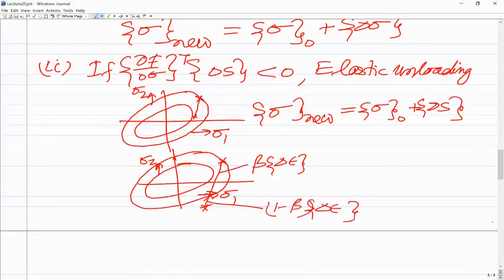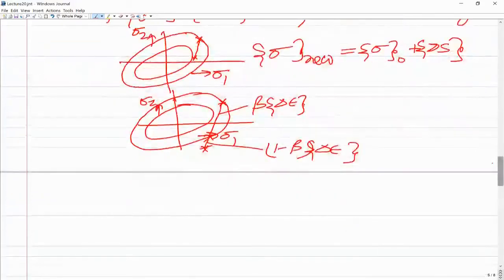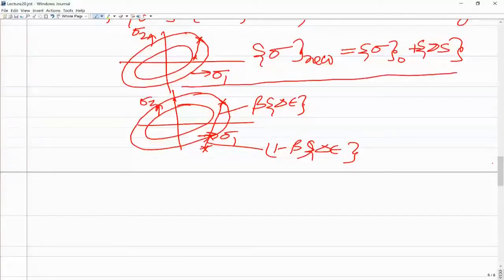This is similar to what we talked about: previously the point was elastic and now it is undergoing elastoplastic. So that kind of situation may arise. In the first possibility, you straight away calculate your current stress from this formula. But if this kind of situation is there, that in the other direction your load is such that it again crosses the previous step yield surface at the other point.